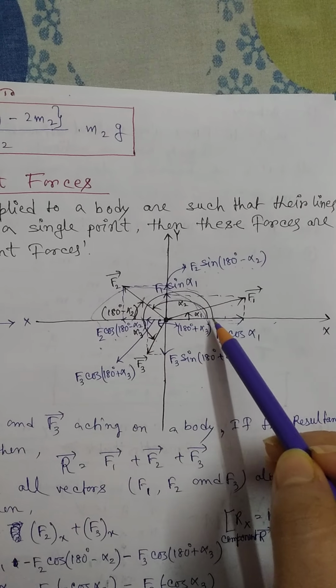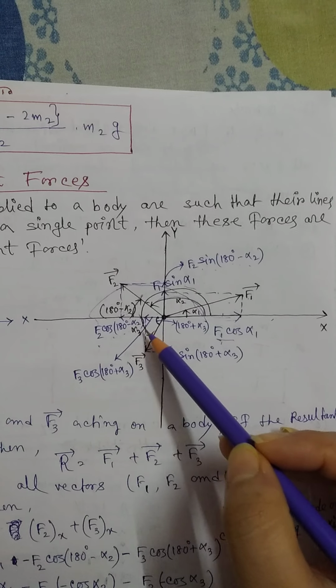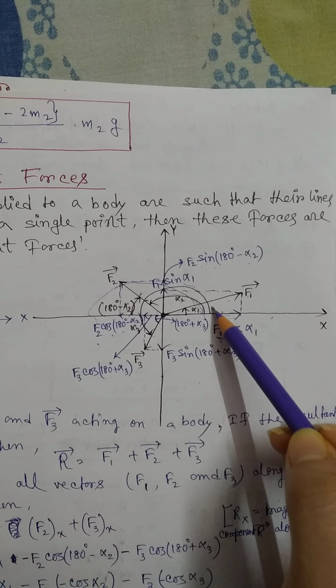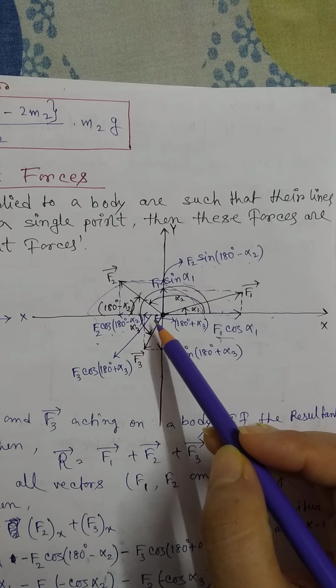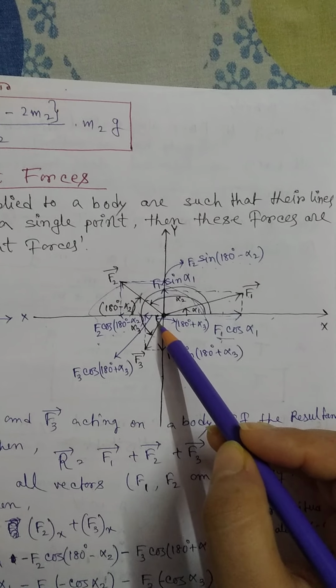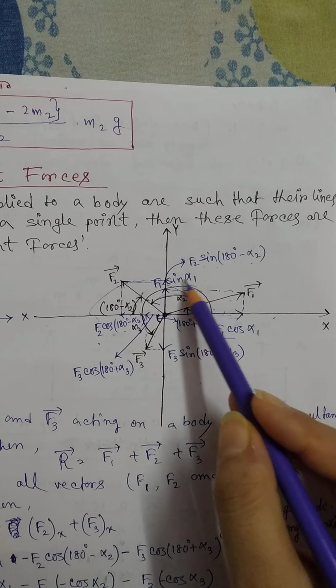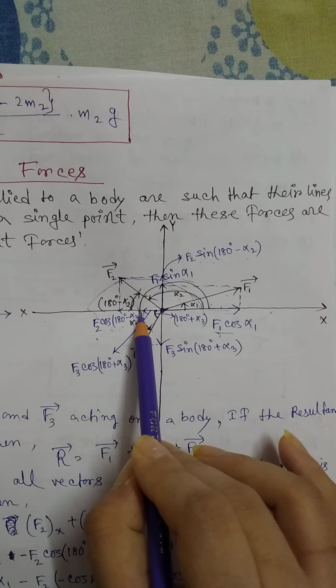Just look here. If this angle is alpha 3, then what about this angle? Just look here. This whole angle is 180 degree.